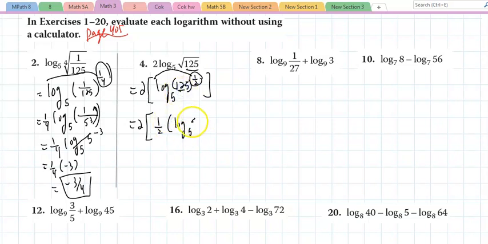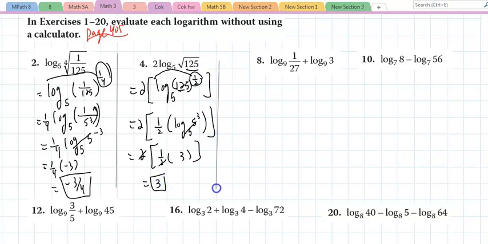And isn't 125 5 cubed? That is 2 times 1/2, and this is the second property of logs, not laws, previous section. That's a 3. And wouldn't that be just 3? So we must learn how to combine those and expand them accordingly.